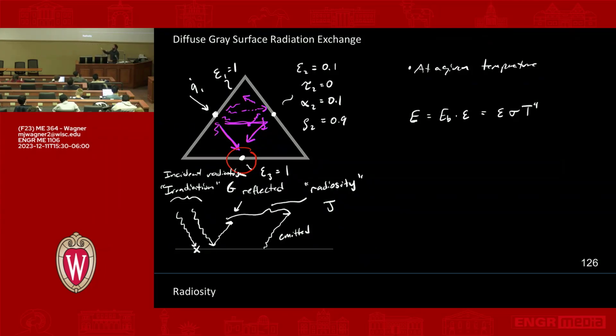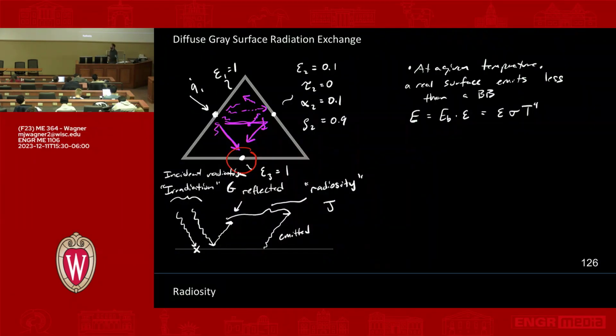If we have an emissivity less than 1, what is that saying about how much a real surface emits relative to the black body? It's saying it emits less. Emissivity less than 1 multiplied by sigma T to the fourth, our black body power, is less than the black body power. So at a given temperature, a real surface emits less than a black body.